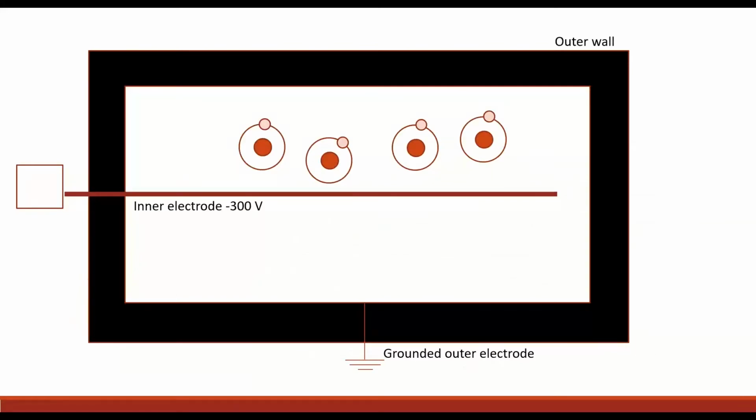So here's a schematic of a typical ion chamber. You have your outer wall made of some sort of plastic surrounding a grounded outer electrode. And inside you have your inner electrode kept at a voltage. Typically for ours we use negative 300 volts, and it's filled with air molecules inside. When the radiation interacts with the air molecules, the electrons are collected by the inner electrode and counted by the electrometer.